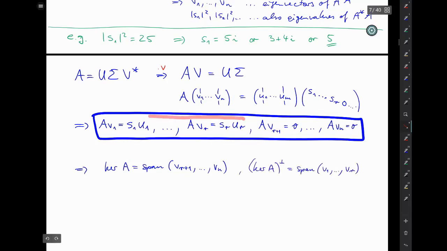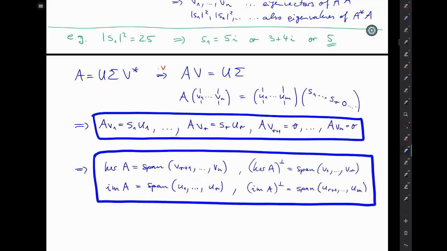And all the outputs that are not 0 are multiples of u1 up to ur and combinations of these. And the orthogonal complement of the image of A is just the span of the other u vectors.